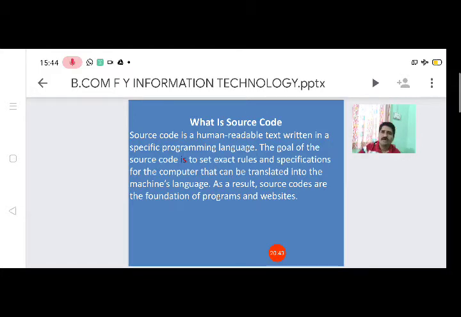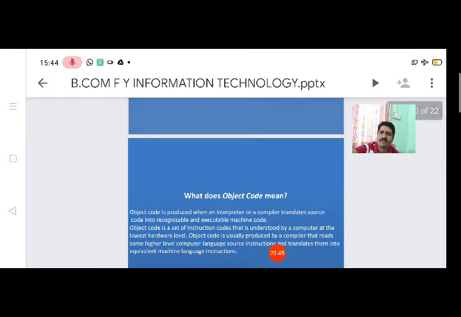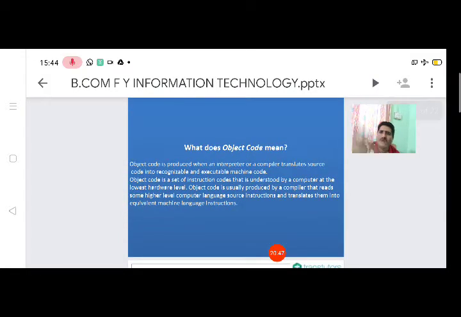And then the next point, what is object code? The object code is a machine executable file having instructions for a machine in the form of binary digits generated by the compiler.